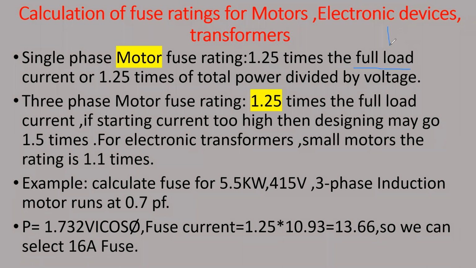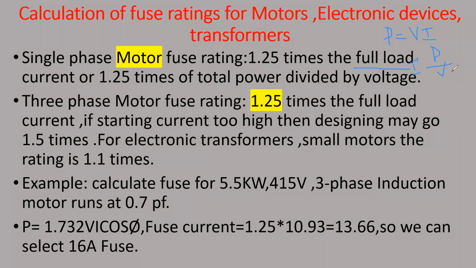We know the formula: power is equal to V into I, or VI is equal to power. Then I is equal to P by V. This is your full load current. So we need the electrical equipment's power rated in kilowatts, and the voltage.